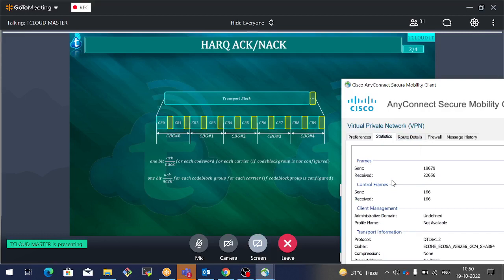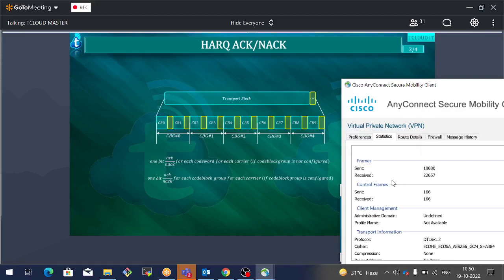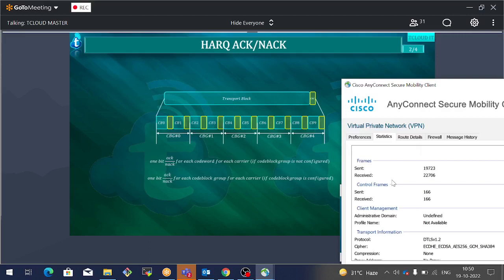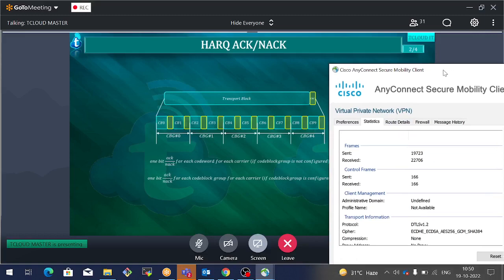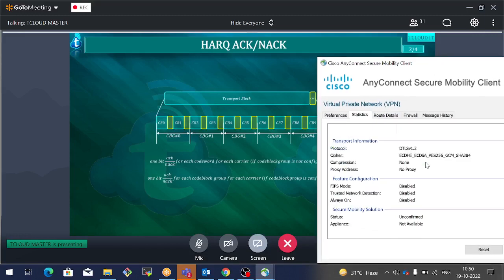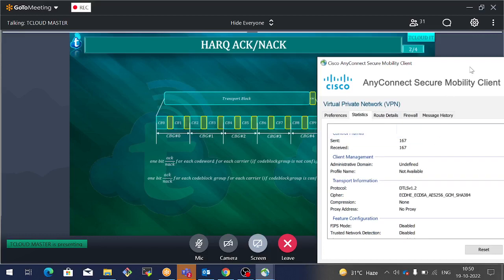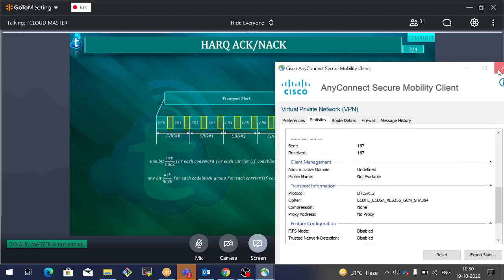A block group can contain 2 blocks, or 3 blocks, or 1 block, so different configurations are possible based on the higher layer parameters. But the mobile equipment would know how many blocks together should be considered as a block group. Now you would send ACK/NACK for these code block groups as well.